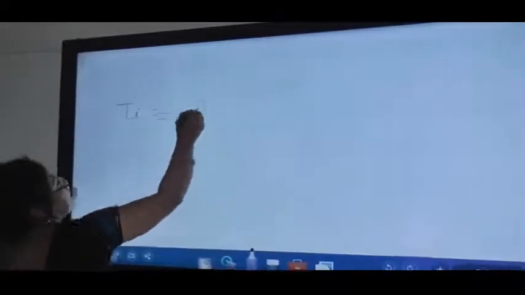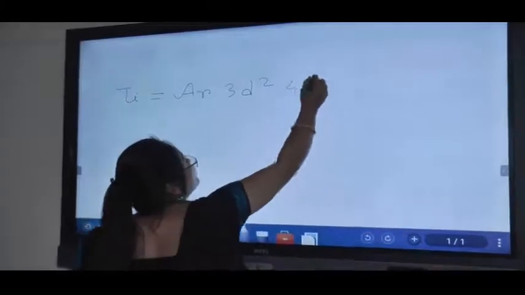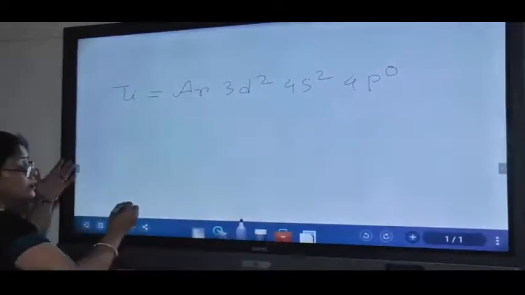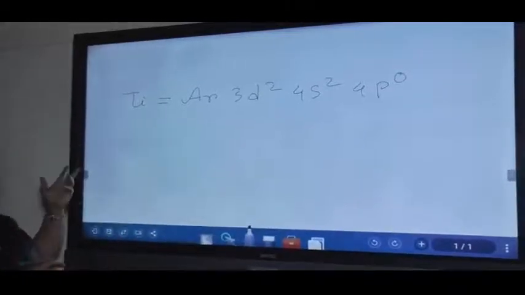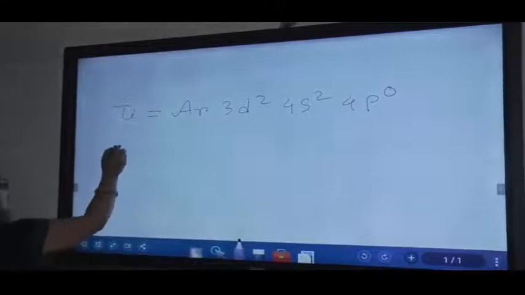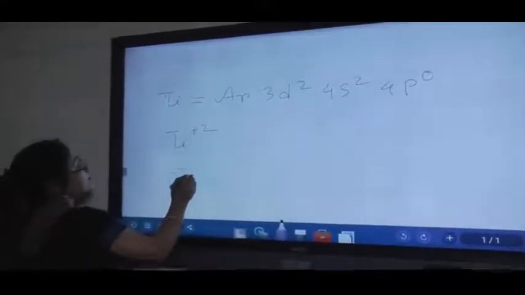So titanium, as I said before, is argon 3d2 4s2 4p0. This particular element can show different oxidation states because it is a transition element. So we can get either +2 or +3 state.